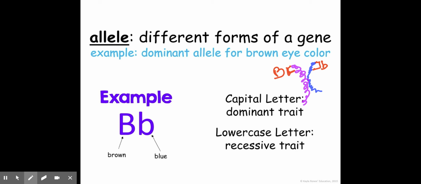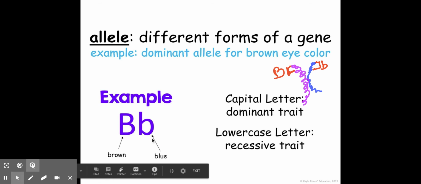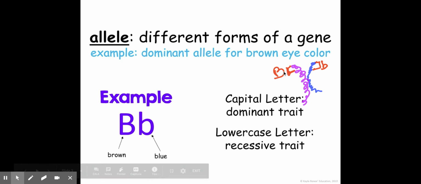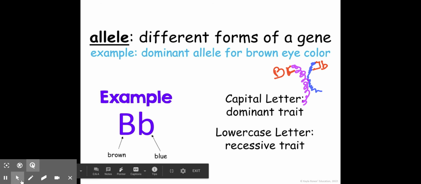These are the two different alleles that we have. We put them together and mark capital letters for dominant and lowercase letters for recessive. This would be your allele pair, or your chromosome pair, but one allele is brown, one allele is blue.